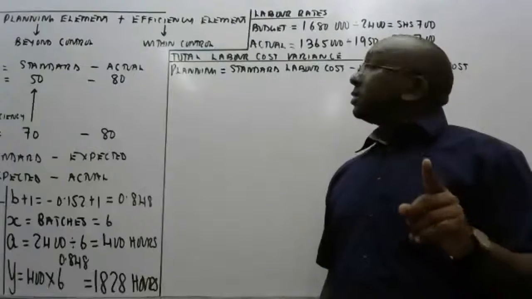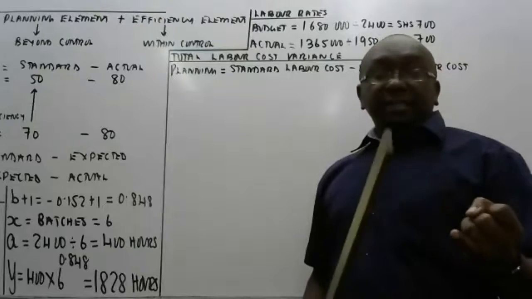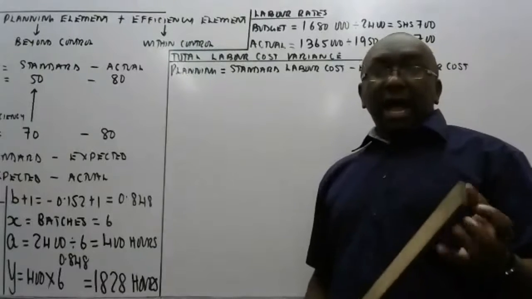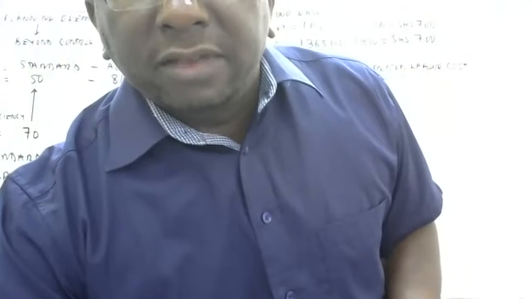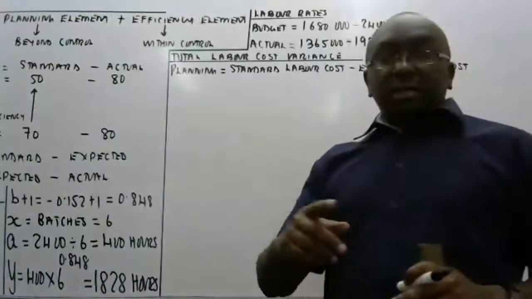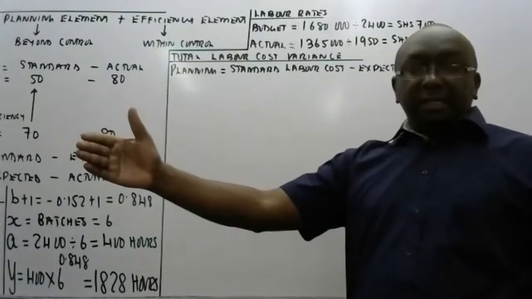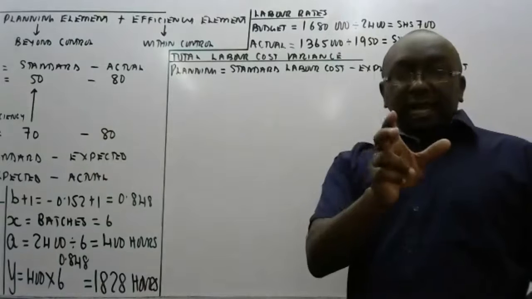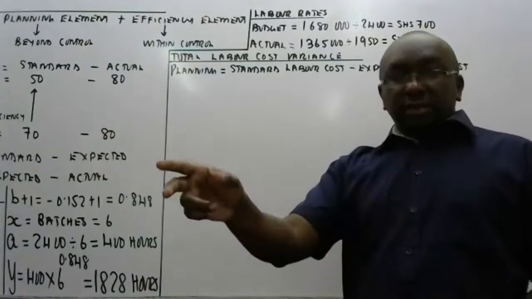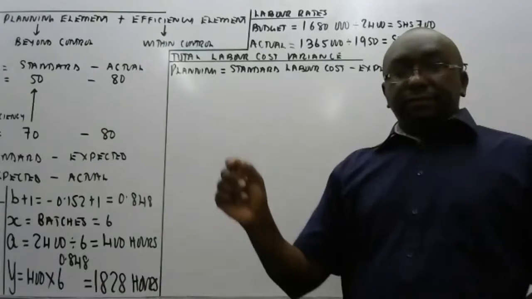That means if you have the standard and you know all the units, you simply multiply the standard by the units to go to the budget.